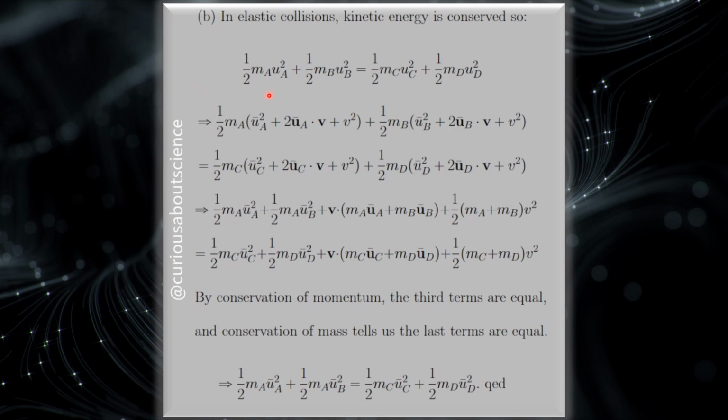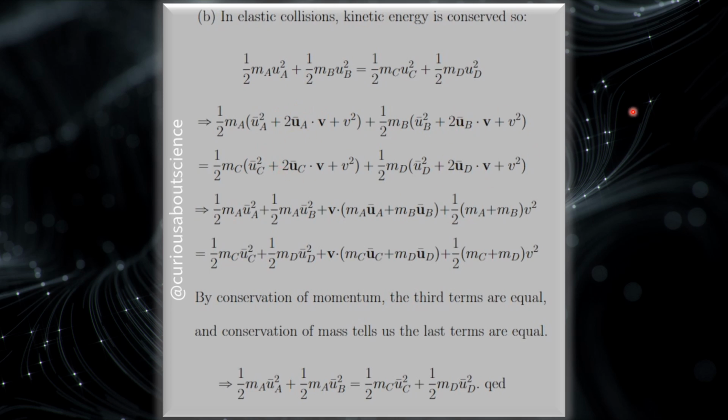So here we have kinetic energy of A, kinetic energy of B, and then, of course, it's conserved, so it has to equal kinetic energy of C and kinetic energy of D. Let's recall that when you see a velocity squared, since velocity is a vector, the square is actually representative of a dot product. And that's how we get the cross term 2 u_A dot v. And we see that dot product in all of these.